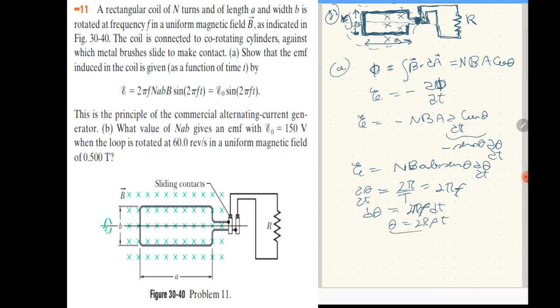Of course, use the initial condition that the angle at the initial time is 0. So the final expression is relatively simple: 2 pi times the frequency times the sine of 2 pi times the frequency times the time. So that's the form of the electromotive force.